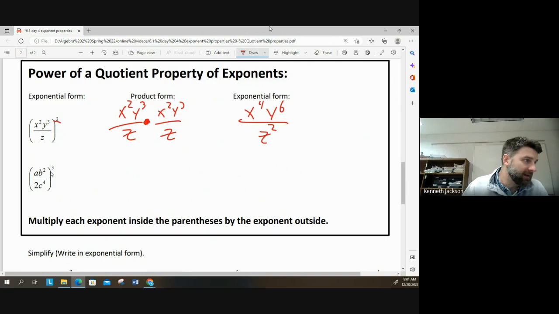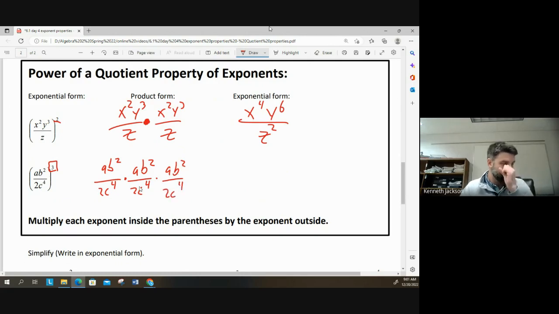And again, last example here, I have a b squared over 2 c to the 4th, all raised to the third power, which means I have 3 of these things inside. So that's a b squared over 2 c to the fourth, times a b squared over 2 c to the fourth, times a b squared over 2 c to the fourth. I have 3 of those.